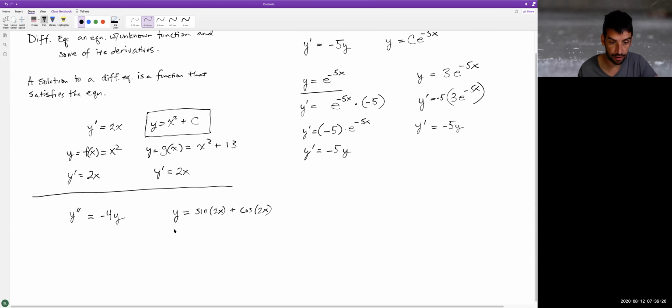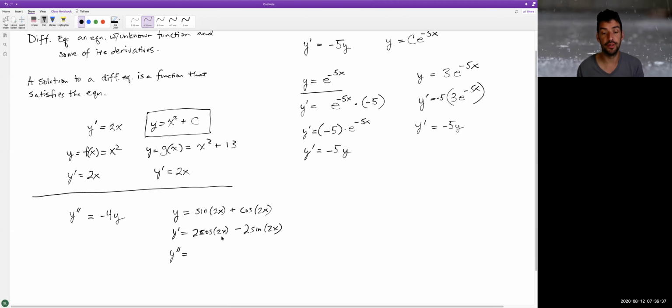So if I have y prime, we'll get 2 cosine of 2x minus 2 sine of 2x, right? Just using the trig derivatives and the chain rule.